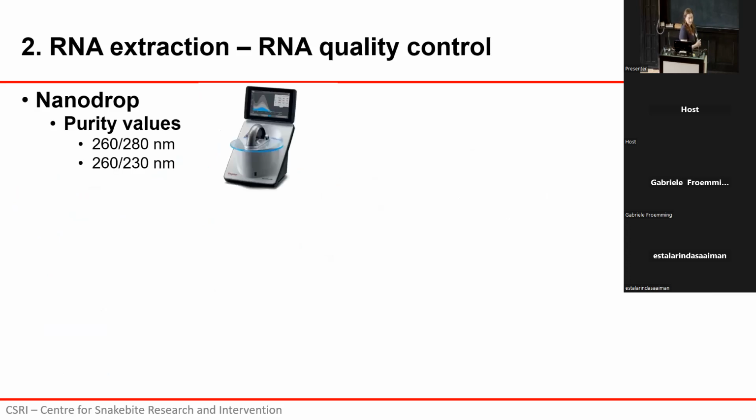So when it comes to RNA quality control, after you've isolated your RNA, how do you know if what you've isolated is any good? Because RNA is quite fragile. It is rapidly degraded because unlike DNA, which has the stable helix structure, RNA is just a single strand, so it's not as stable. It's also not meant to be around forever.